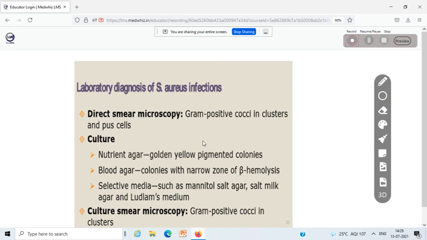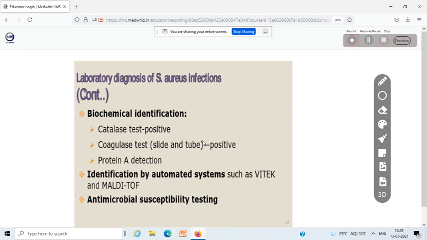Smear microscopy shows gram-positive cocci in clusters. For biochemical reactions, as I already told you, the catalase test is positive. For the coagulase test, we have two types, slide and tube. Both are positive. Protein A detection. Identification by automated systems such as Vitek and MALDI-TOF.